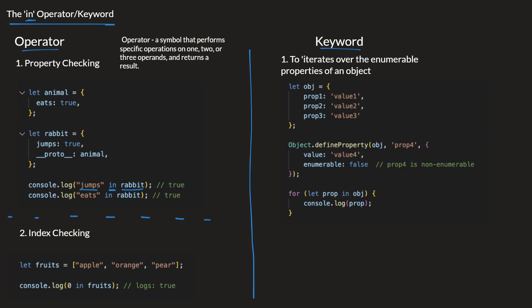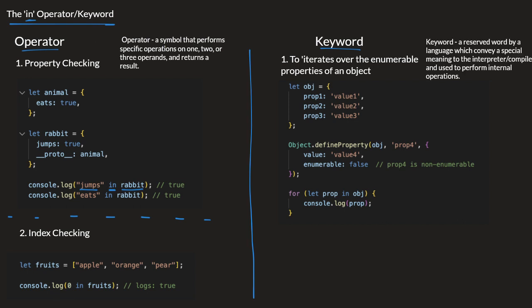Before we move on with this, let's take a look at the definition of a keyword. A keyword in programming is a reserved word by the language, which in this case is JavaScript, and it conveys a special meaning to the interpreter or compiler if you were using Java or some other compiled language, and it's used to perform internal operations.